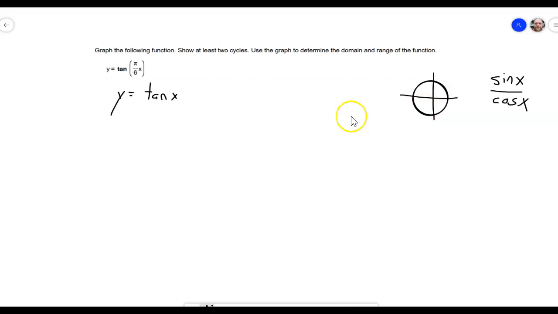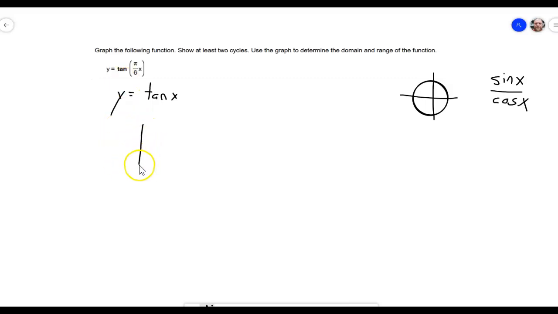Whenever sine of x is equal to 0 and cosine of x is equal to 1, or sine of x is equal to 0 and cosine of x is equal to -1, then this is going to equal 0. So we're going to have an actual x-intercept on our graph there.